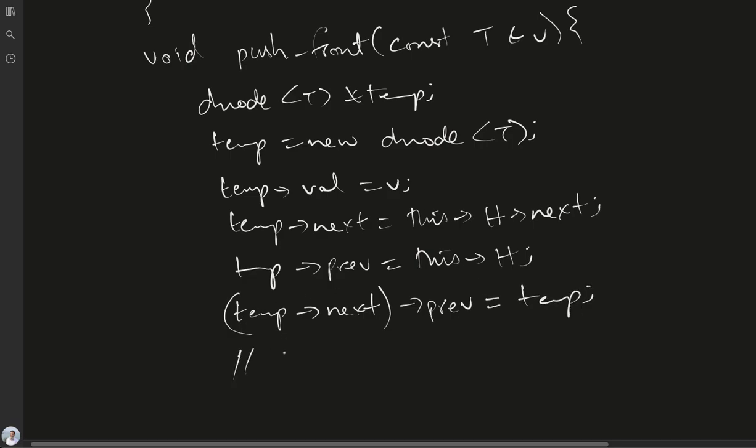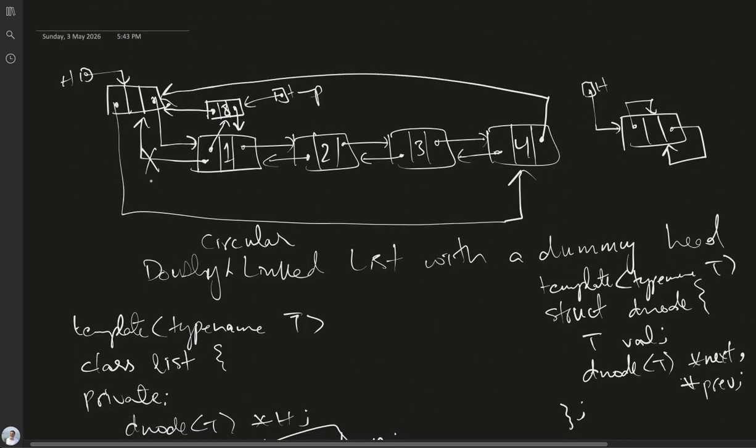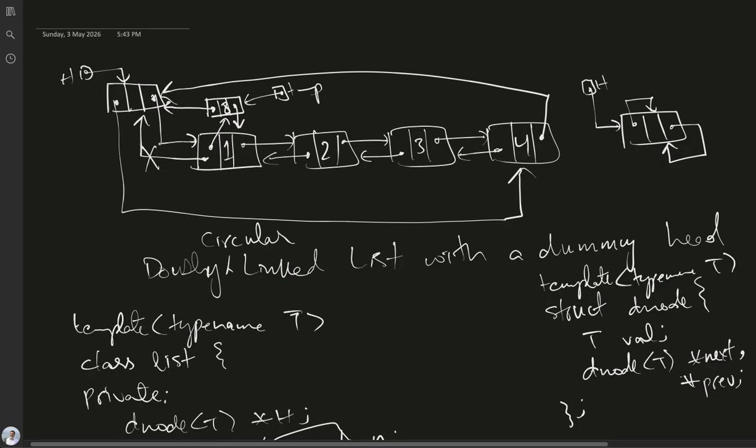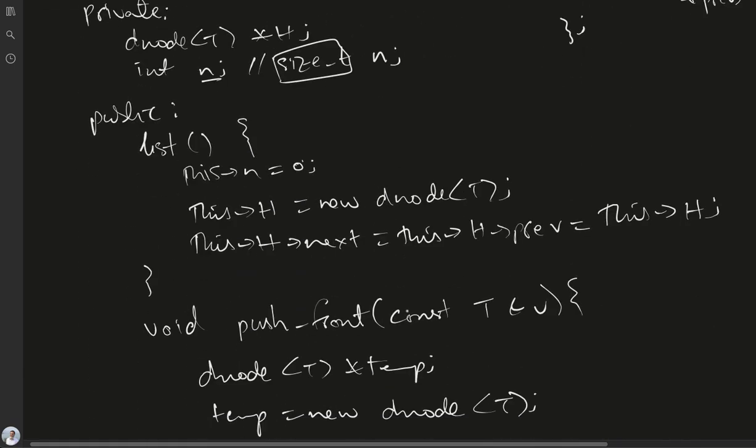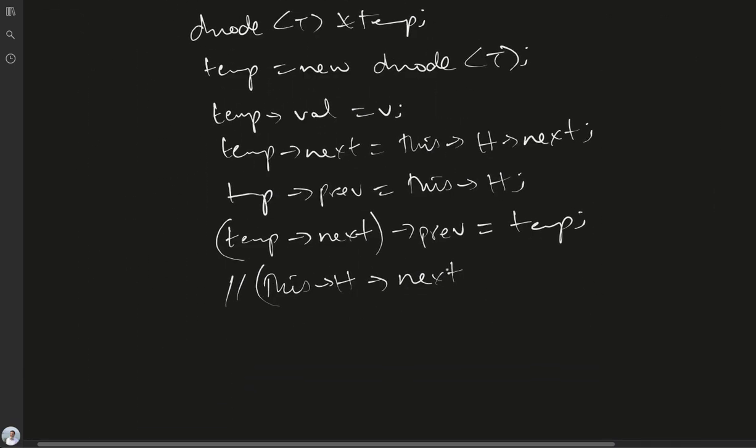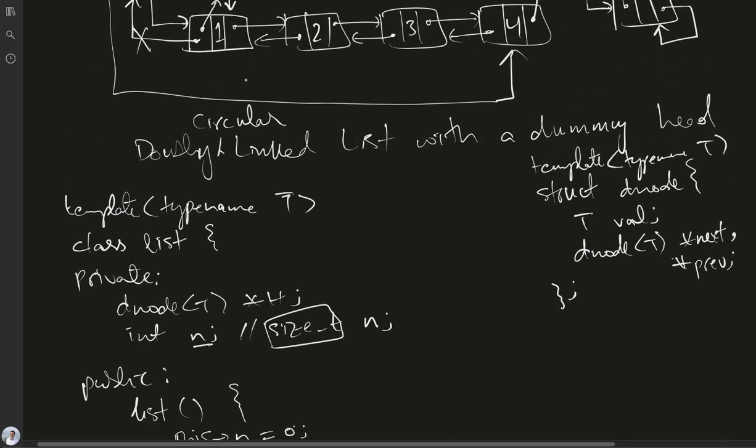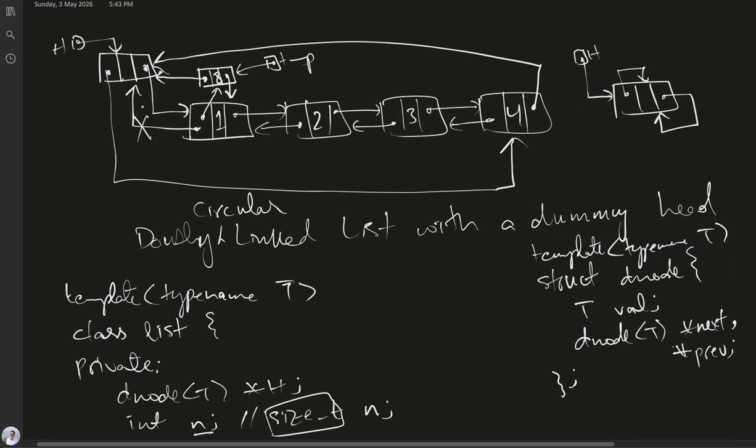Or we can say that h.next, so h.next still contains the address of the first node, so you can see that this h.next contains the address of the first node, and its previous now should point to temp, right? So we have set this pointer. So now 1.previous is no more pointing to the dummy head, rather it is now pointing to the temporary node.